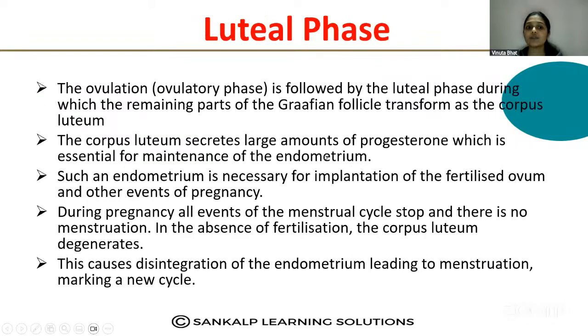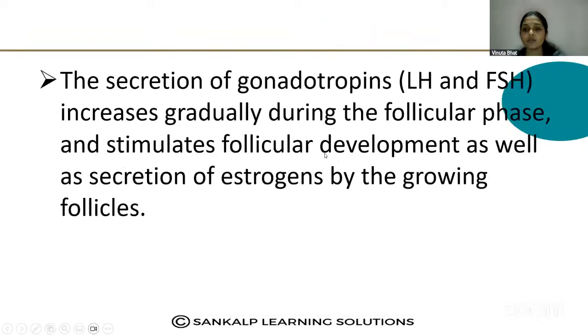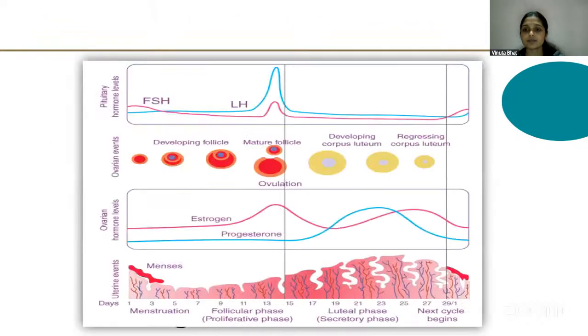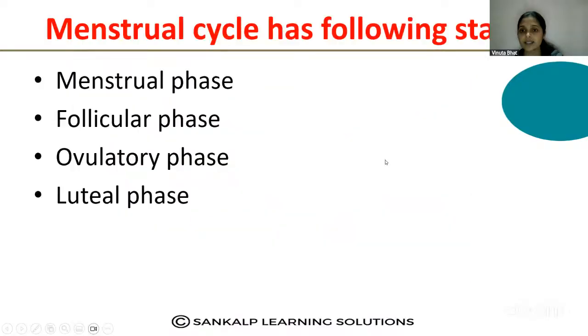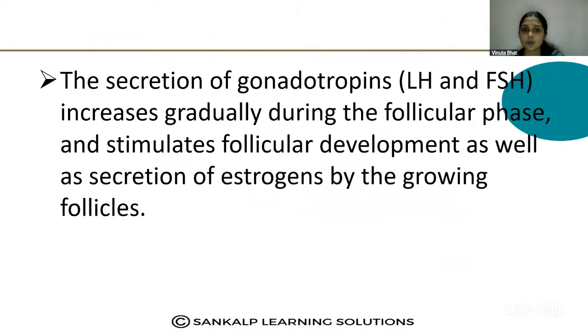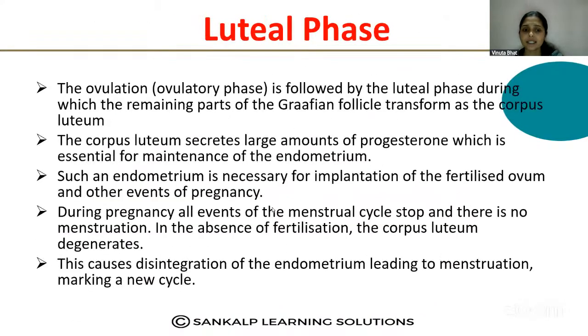And in the luteal phase, you can see the remains of the ruptured Graafian follicle develop into a corpus luteum, and this corpus luteum releases the hormone called progesterone.